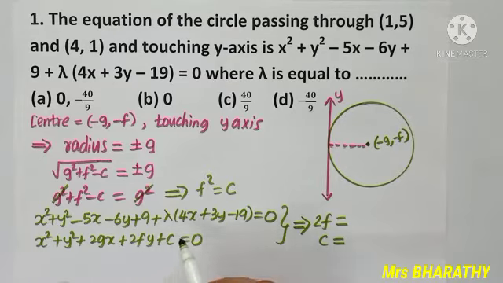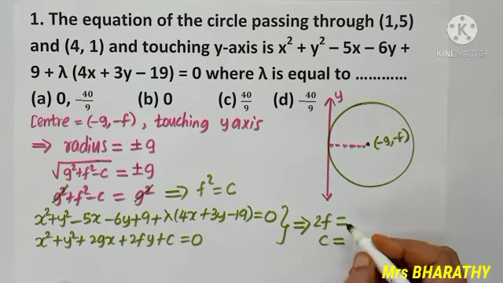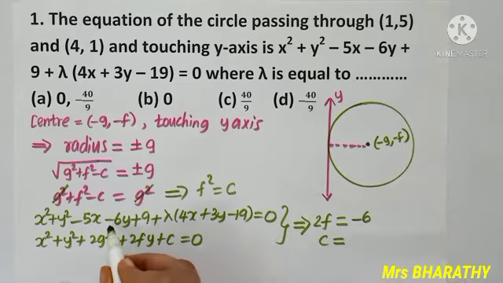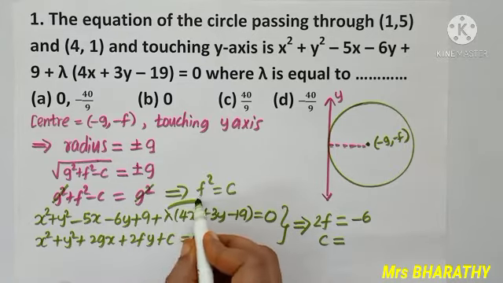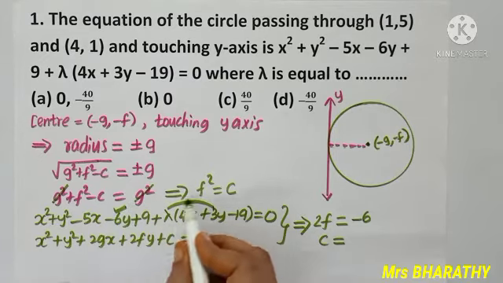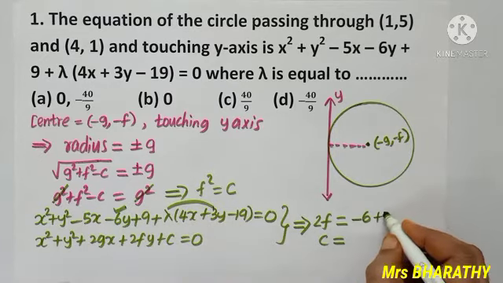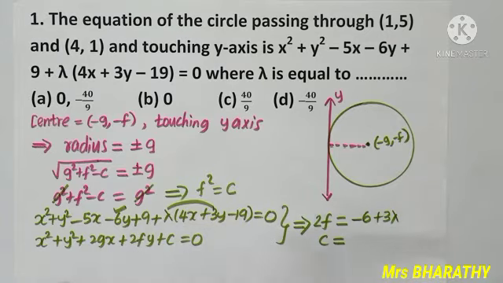So what is f? I can compare the y coefficient in both the equations. 2f is the y coefficient. In this, near y I have minus 6, along with y I have lambda and 3. So 3 lambda minus 6 will be the 2f value.